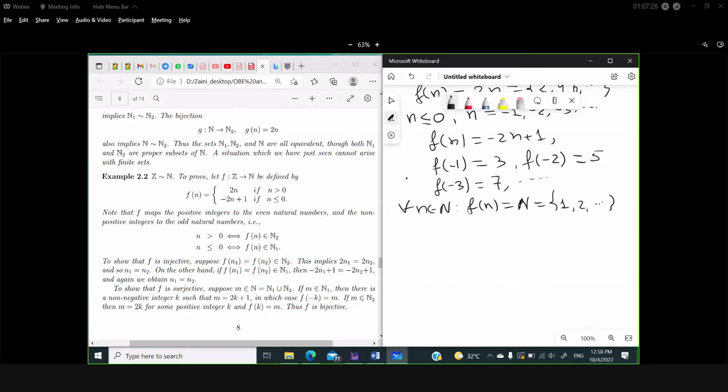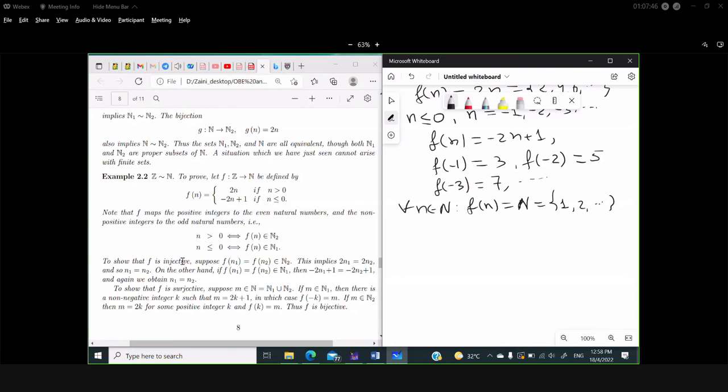Nice, correct. So note that f maps the positive integers to the even natural numbers and the non-positive integers to the odd natural numbers.